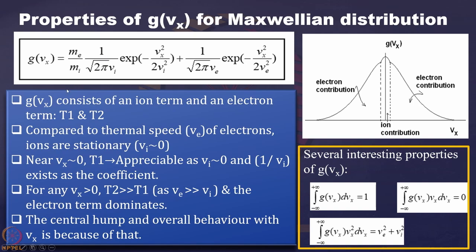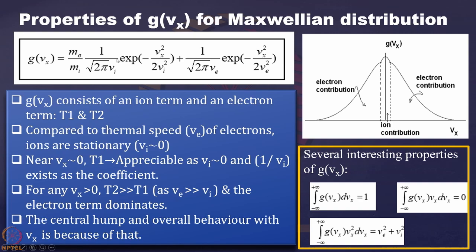That is how this term will be much higher compared to this term. Apart from Vx very close to 0, where you can maintain the exponential part as nearly 1, in the rest of the places this term will dominate because of two things. One is this factor Me by Mi, and another is that Vi is very small, so this is a very high negative exponent, and this goes to a value much lower compared to this term.